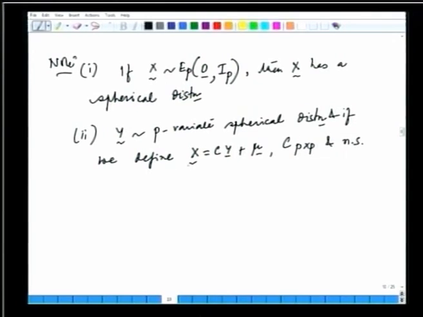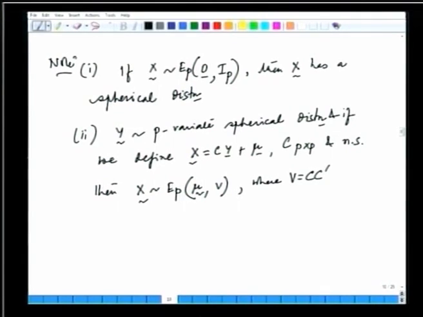So, this also remains a p-dimensional vector x, and in that case x will follow an elliptical distribution of dimension p with parameters mu and V, but where V has to be in terms of c, it is actually c c transpose.